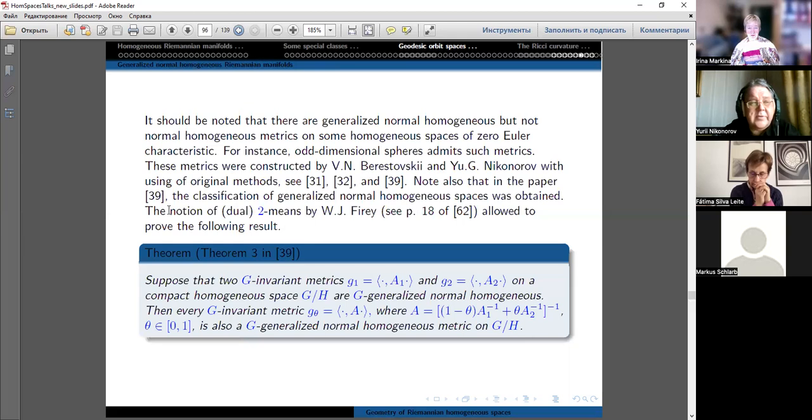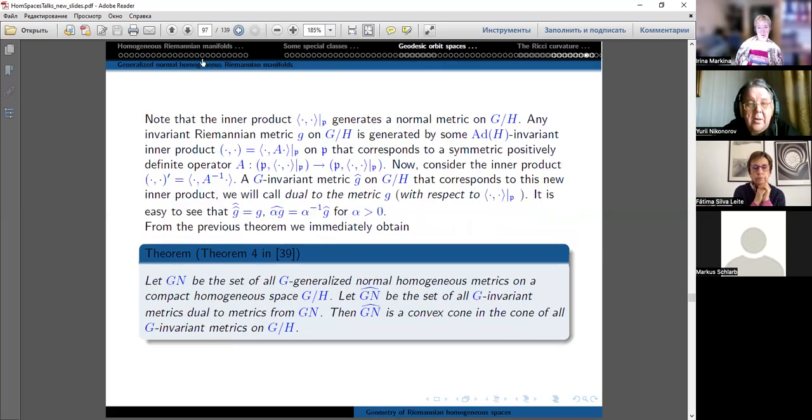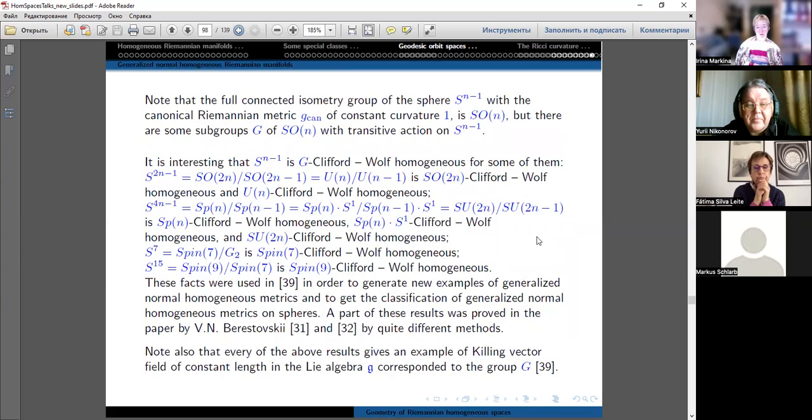For these methods we need the notion of the Minkowski functional and the theory of convex geometry and so on. I won't go into the details, but I recall that there are some methods which allow us to construct new metrics with these properties. Okay, and also I skip some technical results.